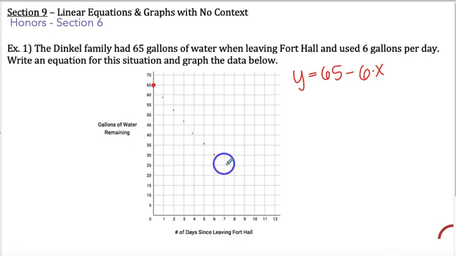Once you have a series of dots drawn in, you can use your ruler, and we should run out of water near day 11. So let's draw in our line. And I will adjust mine.